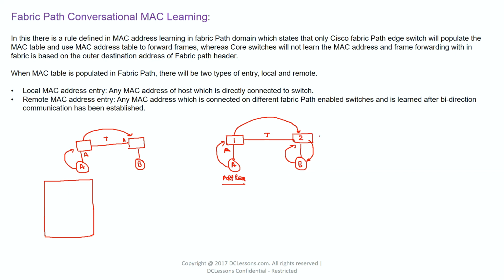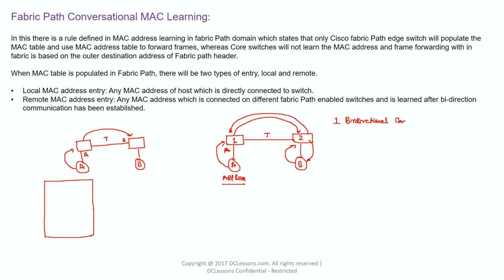Because switch 2 has not learned the MAC address of A, it will send it as an unknown unicast, which is also a type of multicast and broadcast traffic. So that will be flooded and will reach switch 1. Because the ARP reply is a response to the ARP request, it completes one bidirectional conversation.